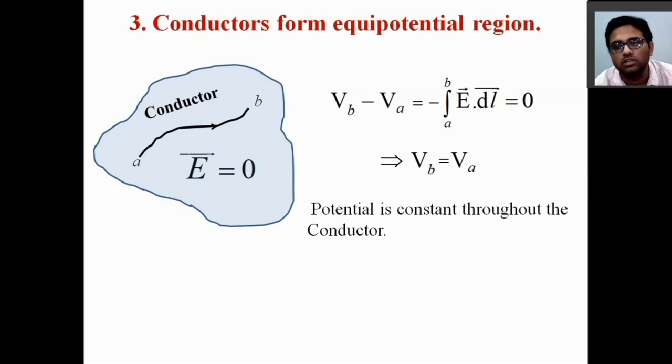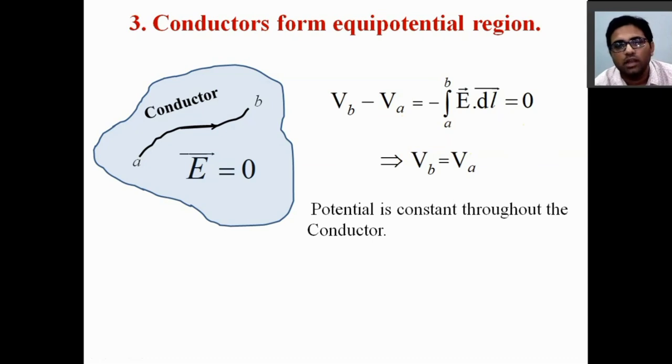Now let's prove this. We know that the electric field is zero inside the conductor. Here A and B are any two points within the conductor. The potential difference between these two points can be written by this equation. This has already been discussed in one of my previous classes, right?